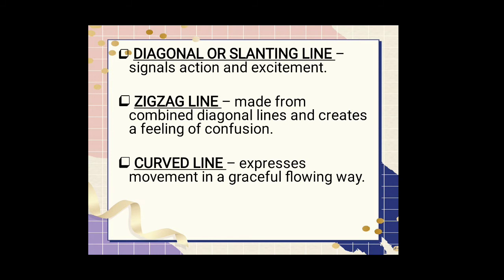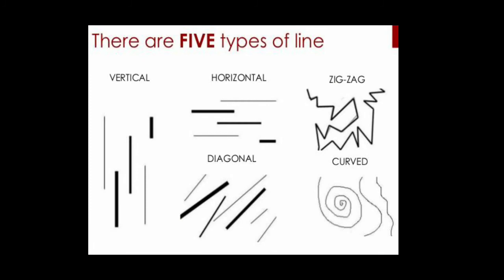Fourth, zigzag line is made from combined diagonal lines and creates a feeling of confusion. And last, curved line expresses movement in a graceful, flowing way. There are five types of line. Examples: vertical, horizontal, zigzag, diagonal, and curved.